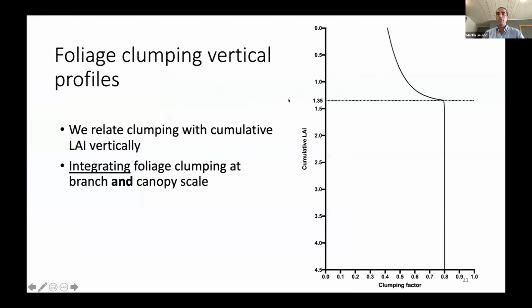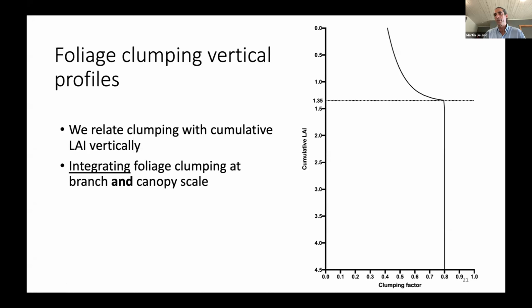And what we found, at least this is in a sugar maple in a temperate forest, is that the branches at the top of the canopy are very highly clumped. And as the cumulative LAI increases as we go down further in the canopy, they are more separated from one another.